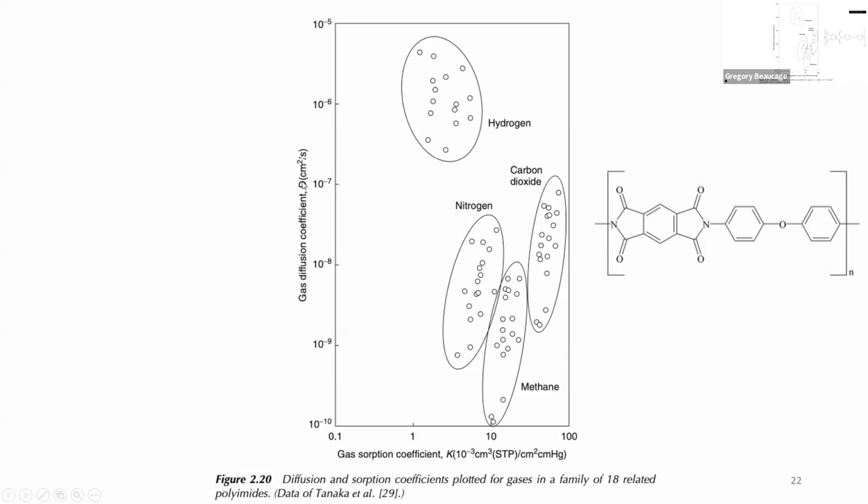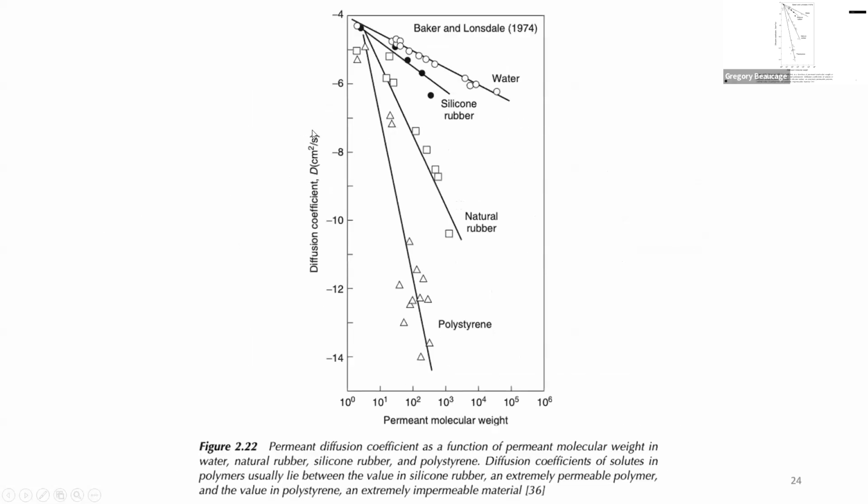So you want to have a high diffusion coefficient and you want to have a high transport coefficient. So you want to get those things matched up. Like you want the top right corner, and different materials, depending on the gas you're using, the ability to transport and the ability to dissolve aren't necessarily compatible with each other. That's the point of that.